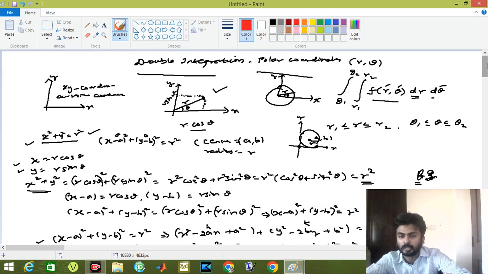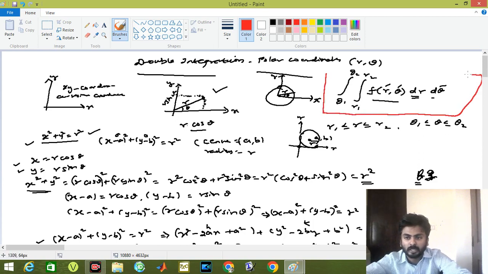Initially I have defined what we are going to do under double integration under polar coordinates. This is what I have explained in words, but I have not written anything here, so you have to write what I have told initially.